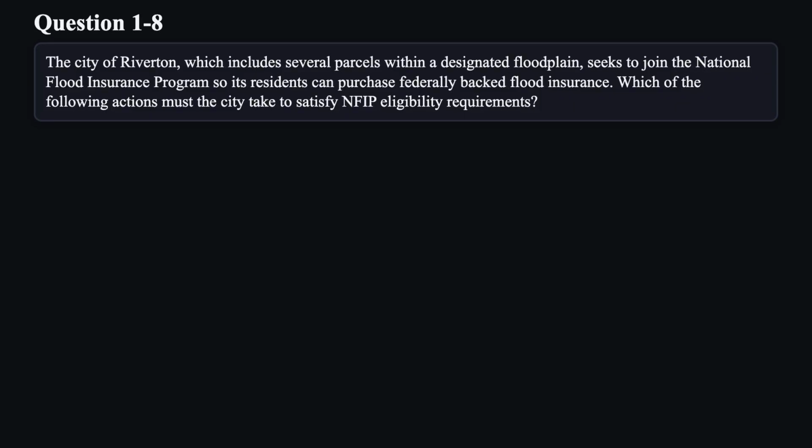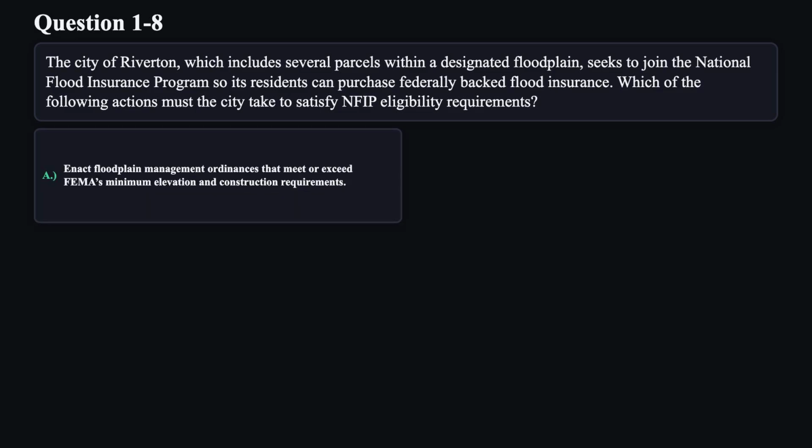Question 8. The city of Riverton, which includes several parcels within a designated floodplain, seeks to join the National Flood Insurance Program so its residents can purchase federally backed flood insurance. Which of the following actions must the city take to satisfy NFIP eligibility requirements?